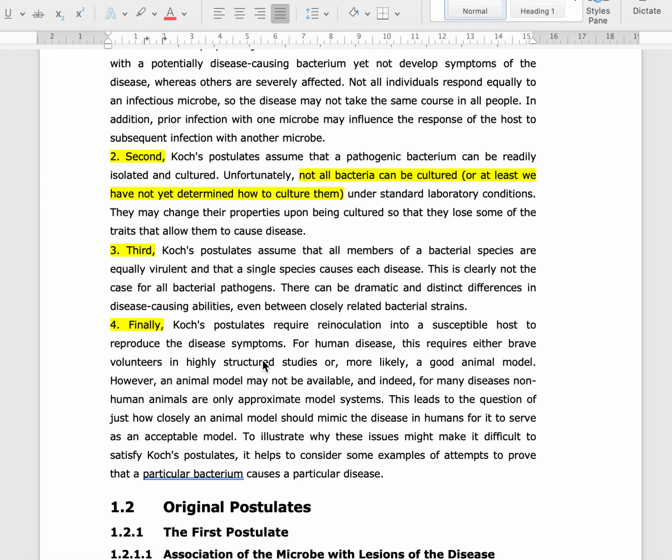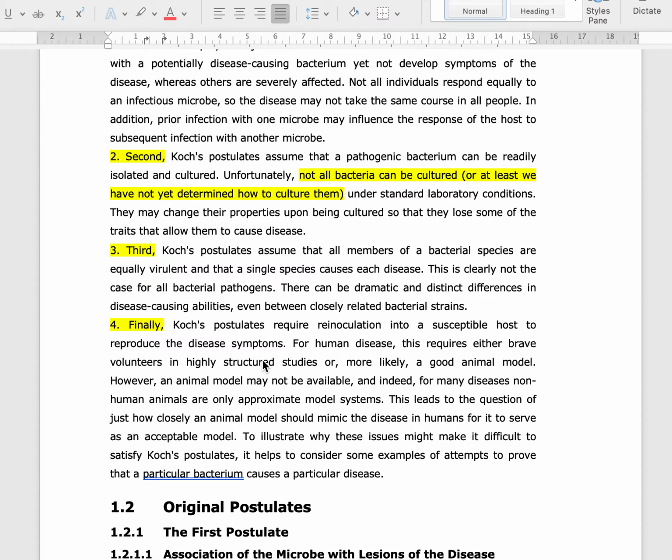This is especially true for viruses, but the same bacterium may infect different animals and cause disease in one animal and not in another. So it's really difficult to find a good animal model to mimic the original human disease.